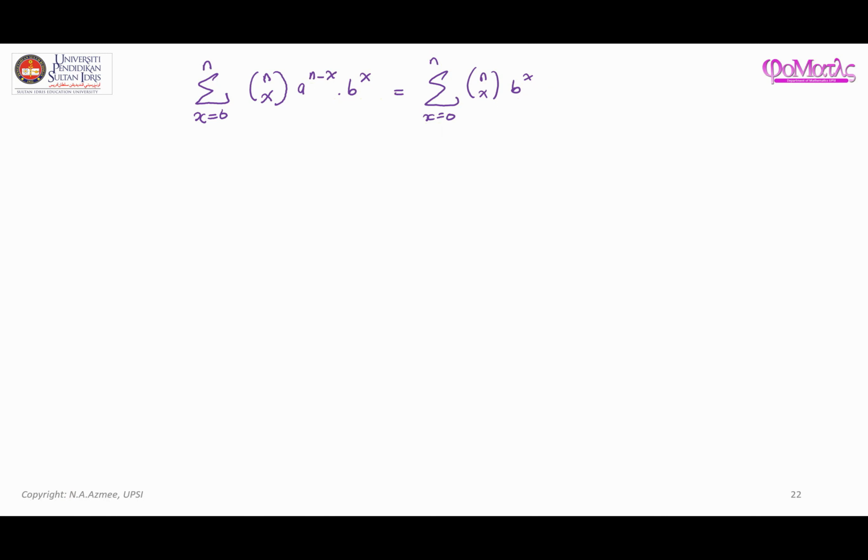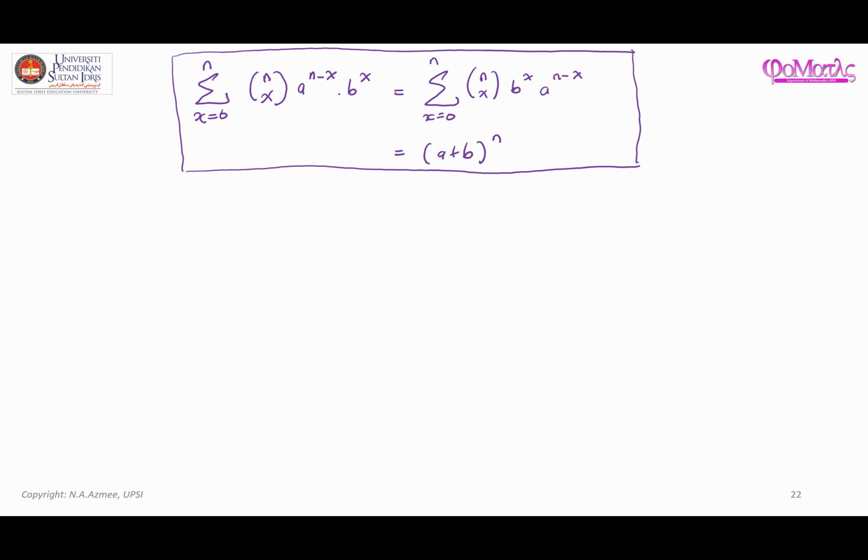It's okay to change the position of a and b. This is just equal to (a+b) to the power of n, and this is the conclusion that we need in order to perhaps solve other complicated questions.